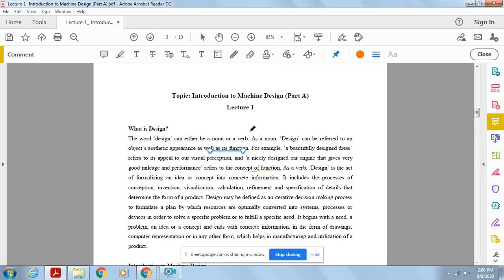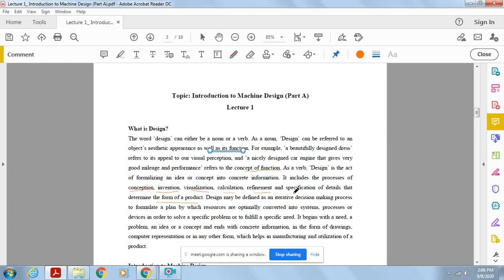Now, if you take design as a verb, design is the act of formalizing an idea or concept into concrete information. It includes the process of conception, invention, visualization, calculation, refinement and specification of details that determine the form of the product.